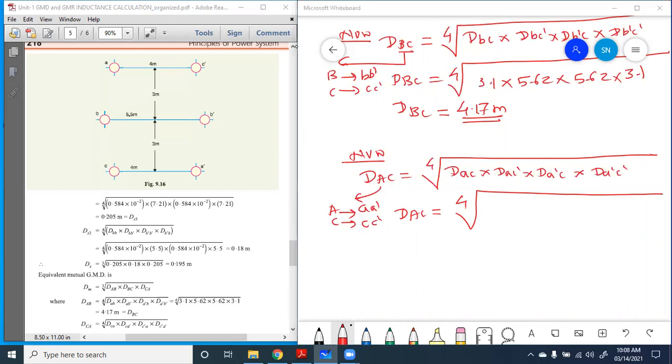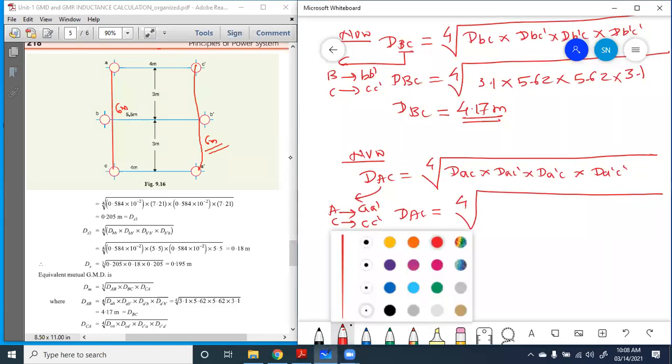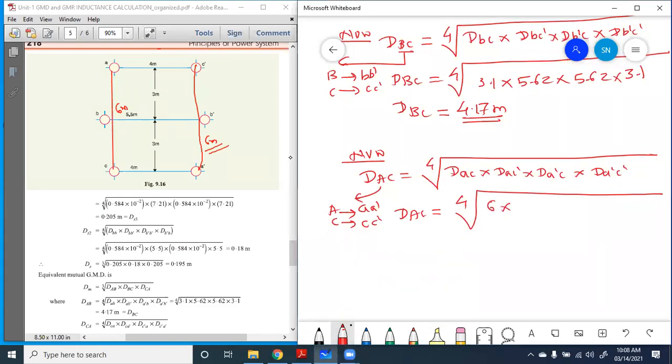Distance AC, which is not calculated but directly we have to analyze, is 6 meter, obviously. Similarly, distance A dash C dash is again 6 meter.